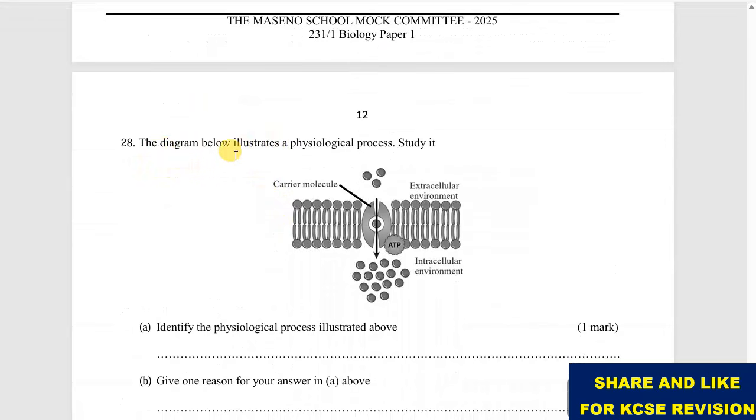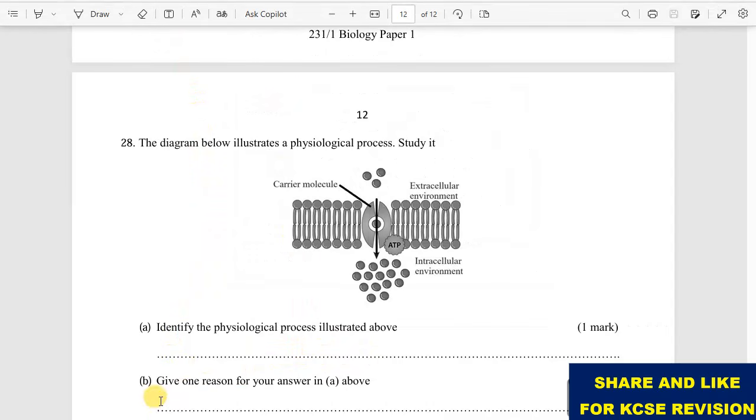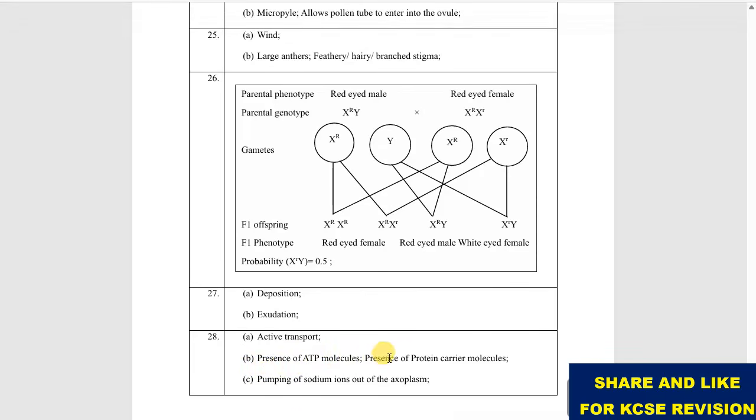The diagram represents a physiological process. Identify the physiological process illustrated above. Active transport. Give a reason for your answer. The presence of ATP molecules and the presence of protein carrier molecules.